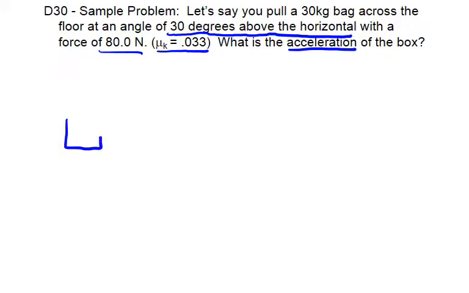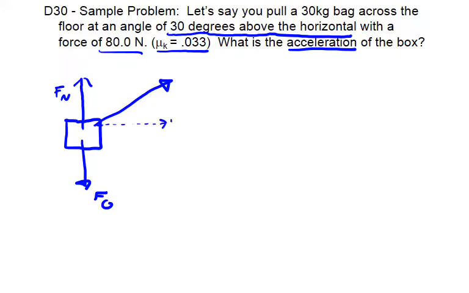So if we draw a free body diagram, we've got the force of gravity, normal force, and the pulling at 30 degrees above the horizontal, something like this, where we'll break that down, force applied like that.